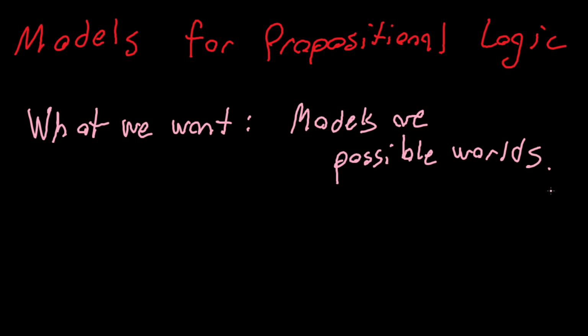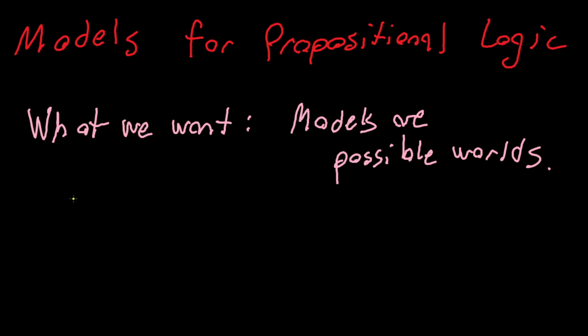I explained this deeply in the first video, so refer back to that if you forget exactly what intuition I'm referring to by saying models are possible worlds. But let's try to understand what a possible world looks like in propositional logic.